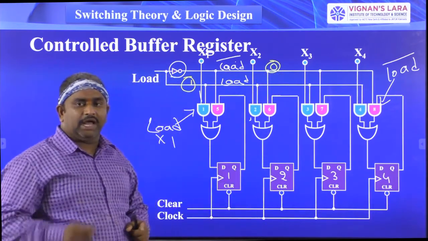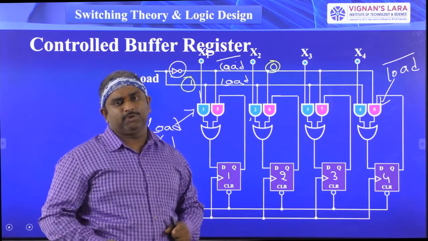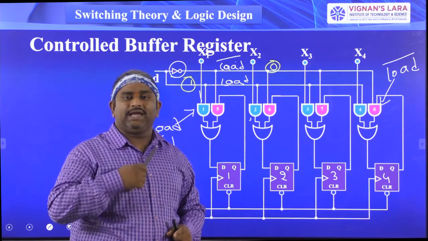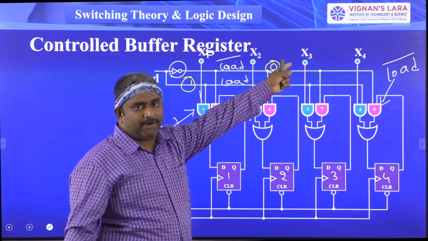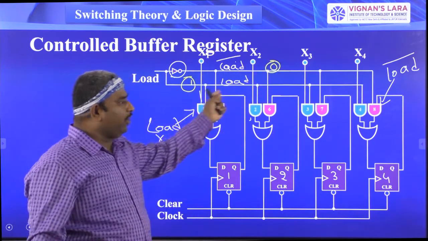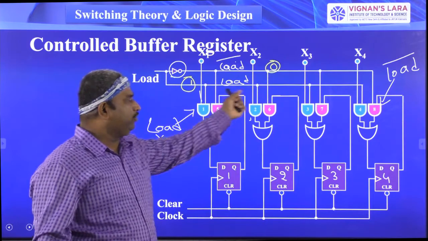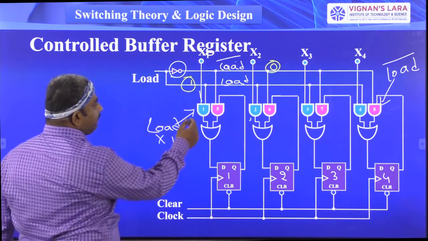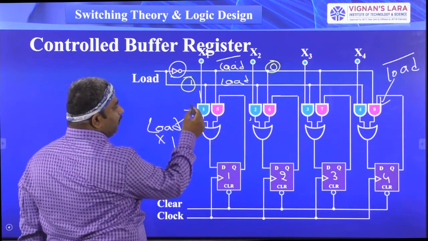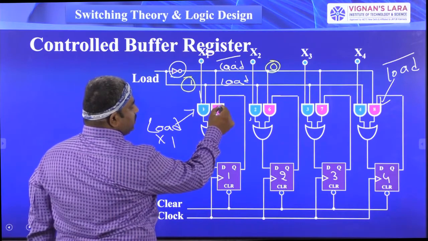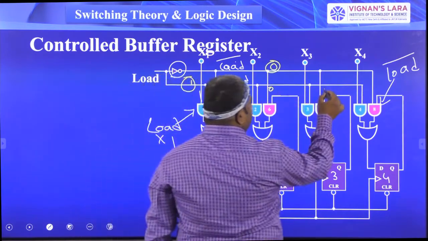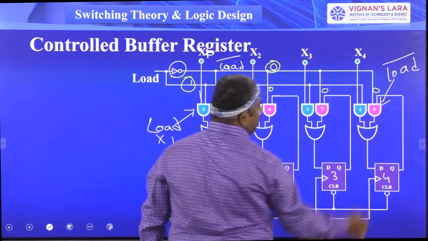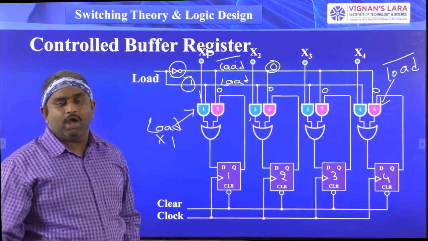We know the AND gate operation: if any one of the input signals is equal to 0, the AND gate output goes to 0. Now the upper line has the 0 value and the lower line value is equal to 1. So for the blue color gates, one of the inputs is equal to 1, and for the pink color gates, one of the inputs is equal to 0.